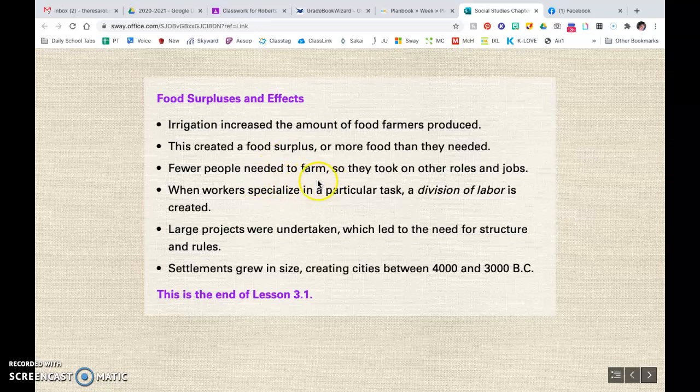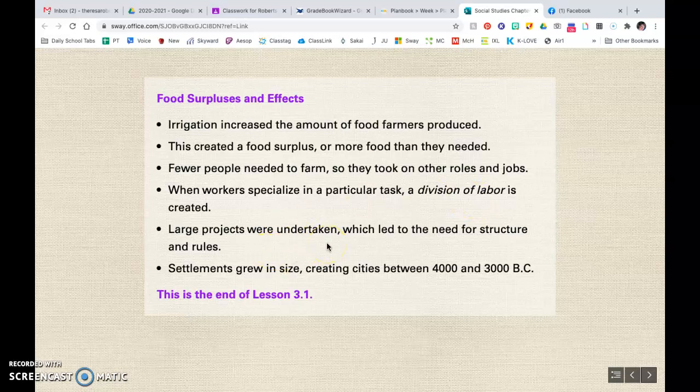So this need for fewer people to farm led to other roles and jobs. This is called division of labor. And this is when workers specialize in a particular task. So now they can start making pottery and things in that nature rather than just everyone being out farming trying to survive.